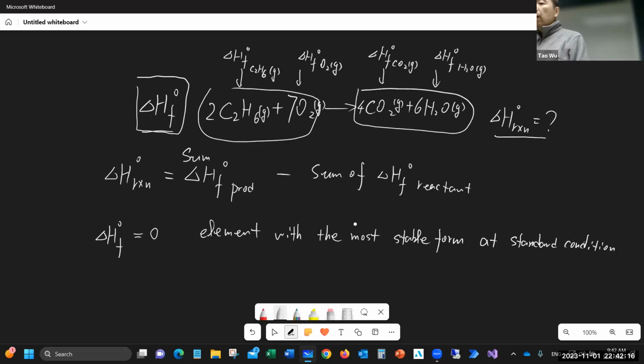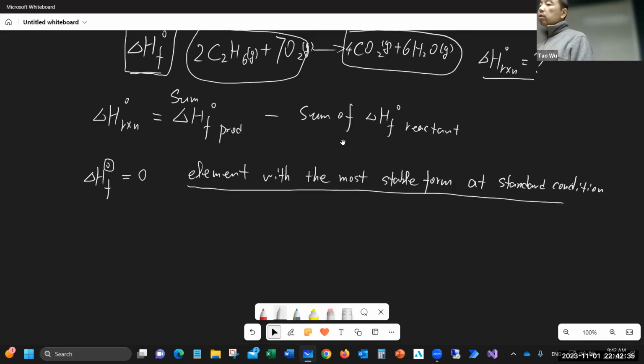And that is why we have a little circle over here, and this is called the standard condition. So this is called the standard enthalpy of formation. Those elements with the most stable form at standard condition are equal to 0.